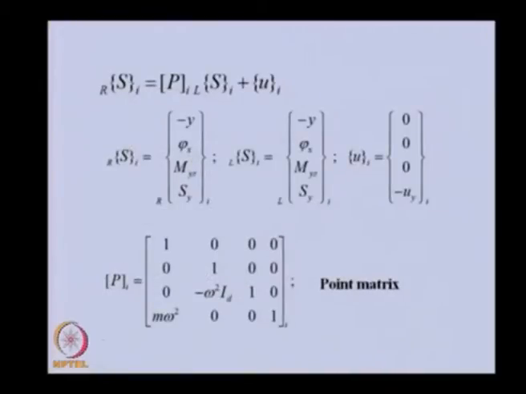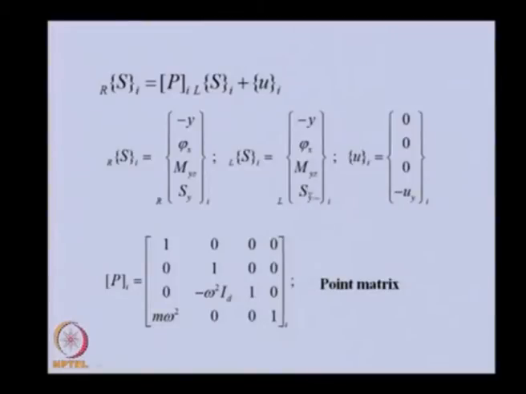Now we can combine these similar to the field matrix. You can see that this is the point matrix, which is coming from various coefficients of the state vector components, and we have an additional vector which is the unbalanced vector, coming from the unbalanced force.